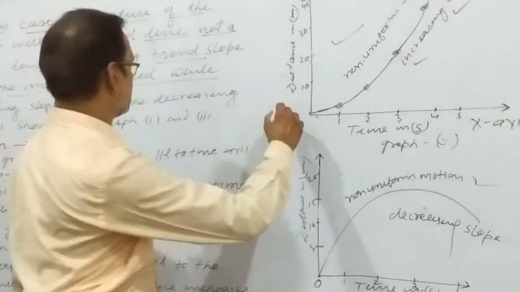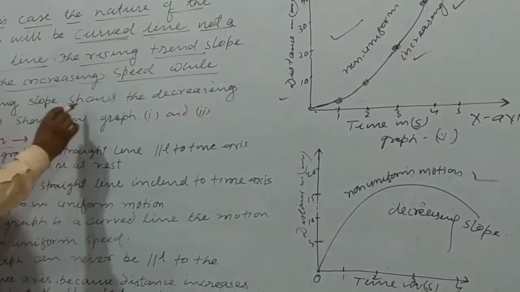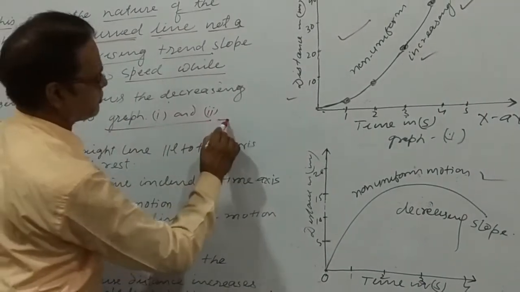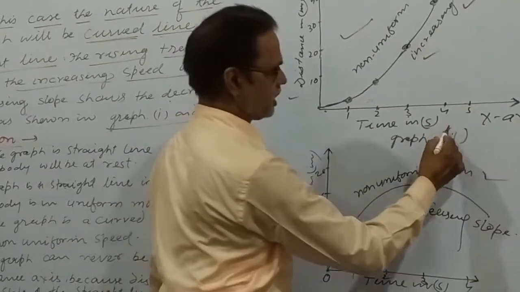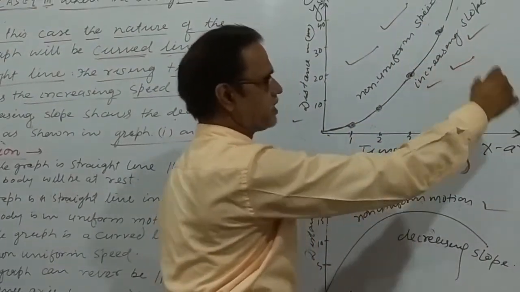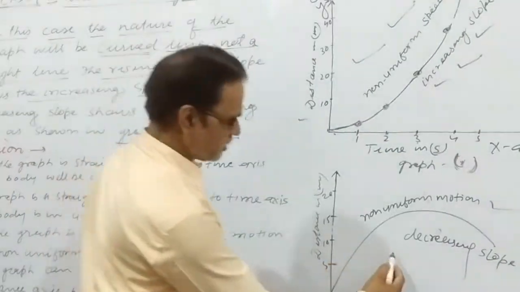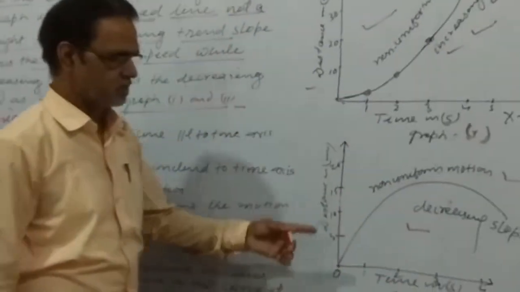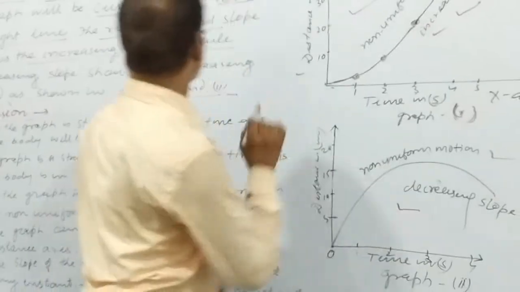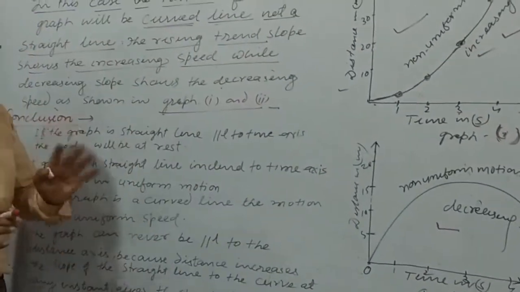It is shown in the graph. Decreasing slope shows decreasing speed as shown in graph 1 and 2. 1 में देखिए, this graph shows increasing slope, so it shows the increasing speed, and this graph shows decreasing. In this case, the speed is decreasing. So in this case, what will be the nature of the graph?